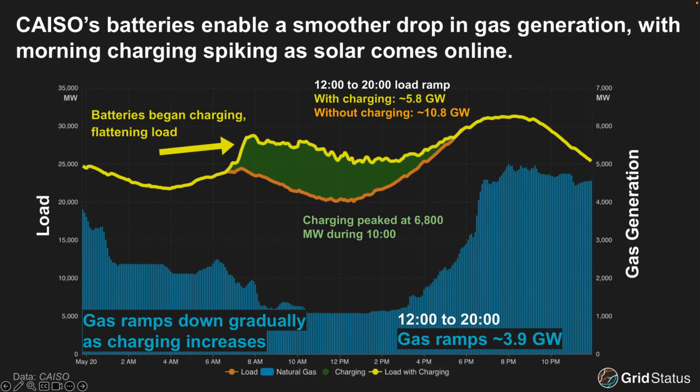You can see what the ramp would look like. With charging, the 12 to 8 o'clock load ramp is about 5.8 gigawatts, whereas it's almost double that without charging. So batteries provide almost a double service in both load shifting and reducing the ramping requirements.